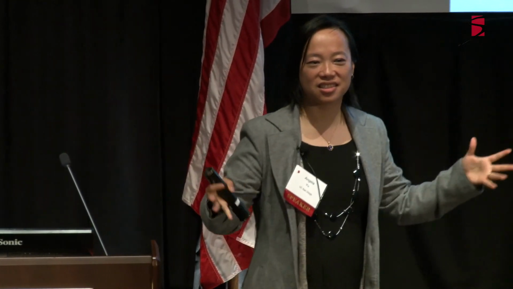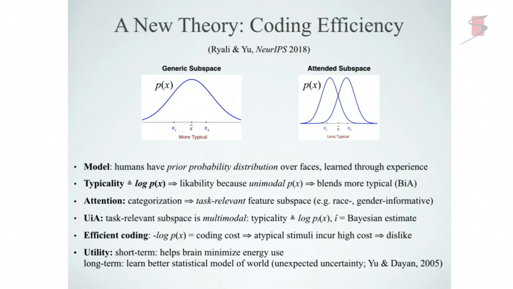Well, there are different kinds of utilities. This is kind of speculative. But in the short term, we would expect that this kind of signal will help you to minimize energy use, right? So in the short term, these stimuli are aversive. So you avoid stimuli which cost a lot of energy and resources to represent. But in the long term, it is a learning signal. It allows you to learn a better statistical model of the world.